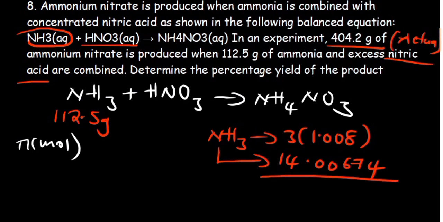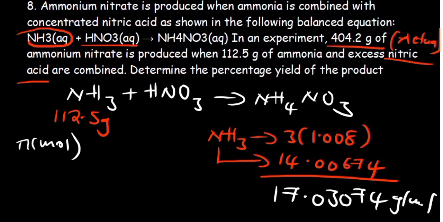If you add the two, what I'm having is 17.03074 grams per mole. So before I do my calculations, I would want to determine the molar mass of the ammonium nitrate in advance as well.